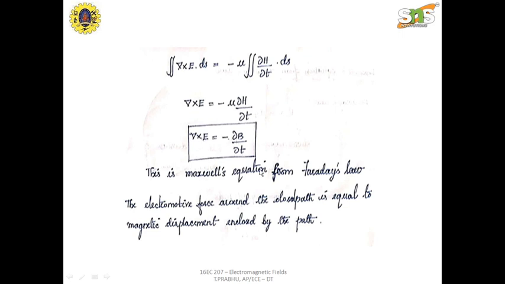And this is the Maxwell equation from Faraday's law. We can say that the electromotive force around the closed path is equal to the magnetic displacement enclosed by that path. Thank you.